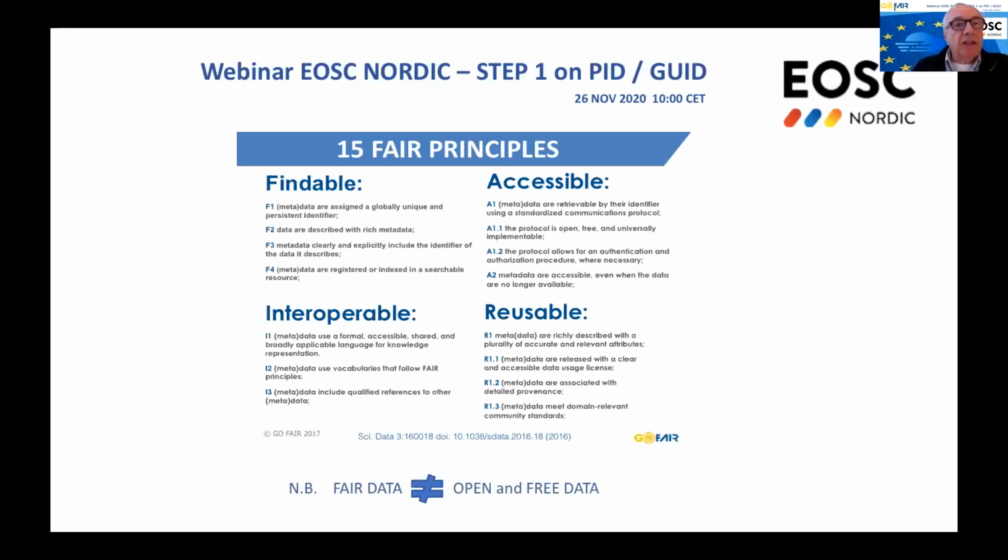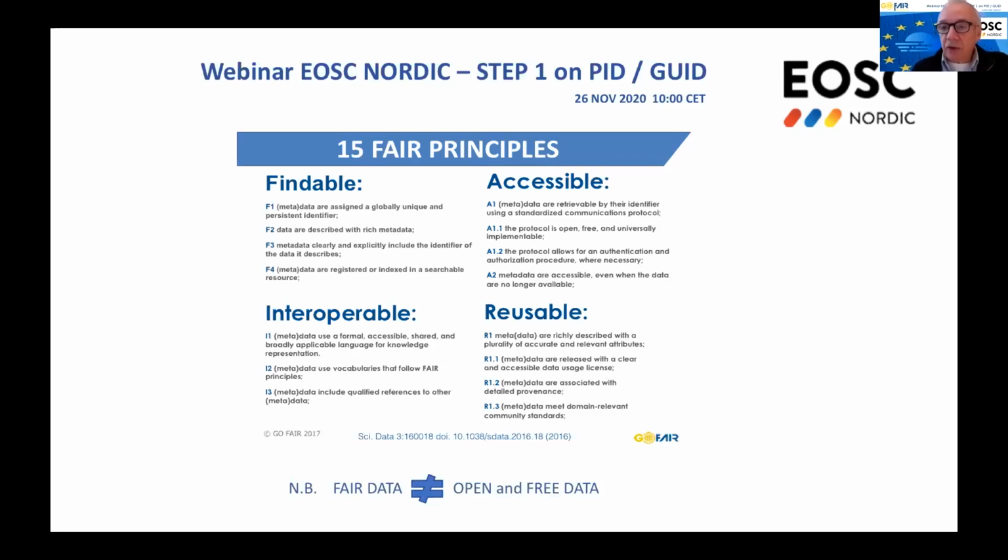Let me start by showing you a slide on FAIR and the FAIR principles. The term FAIR is defined here as findable, accessible, interoperable, and reusable, and relates to these 15 FAIR principles on the screen that data and metadata should adhere to.